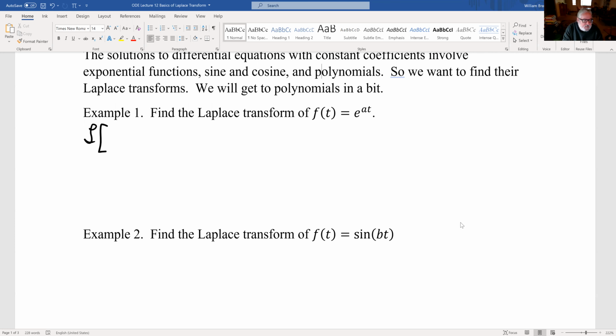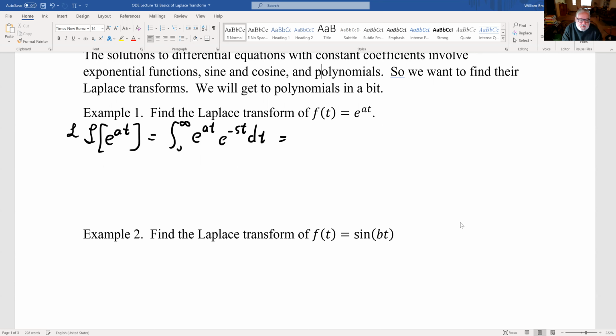The Laplace transform of e to the at, and this thing is supposed to be that squiggly L, I don't draw it very well, is the integral from 0 to infinity of e to the at, because that's my function, times e to the minus st, which is part of the definition of the Laplace transform, dt.